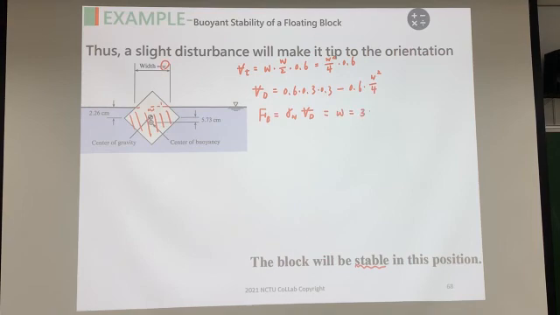So again, the total weight is equal to 318 newtons.